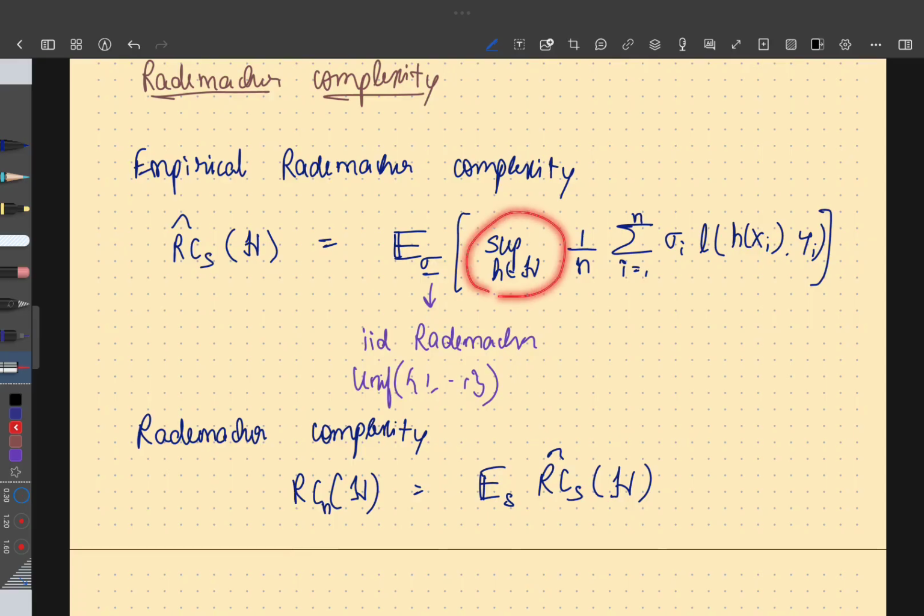But because of the supremum, it can potentially depend on n. It's not straightforward. You can't just exchange the supremum and the expectation. If you exchange the supremum and expectation, surely the right-hand side would not depend on n. But this can subtly depend on n.